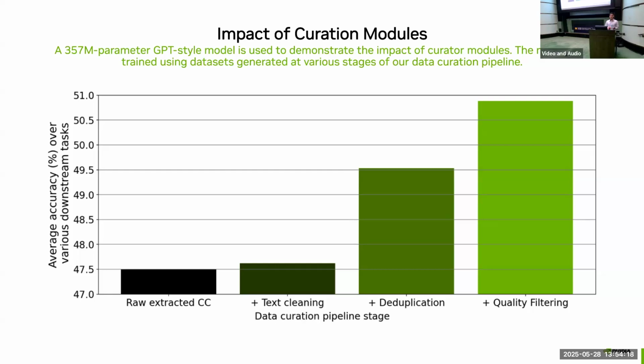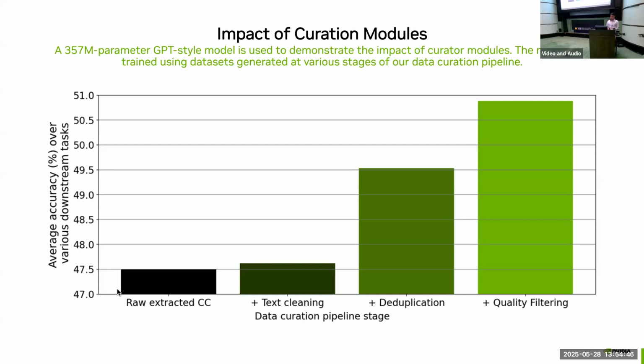At each stage of the curation pipeline, we evaluated the model on its downstream task performance. Starting on the left side of the figure, we can see that a model trained with just the raw dataset has a baseline accuracy of 47.5% on whatever the downstream task may have been. I actually don't know in this case, but it starts out at about 47.5%.